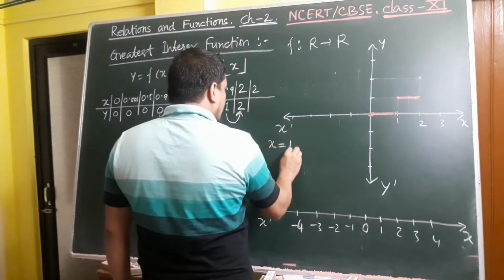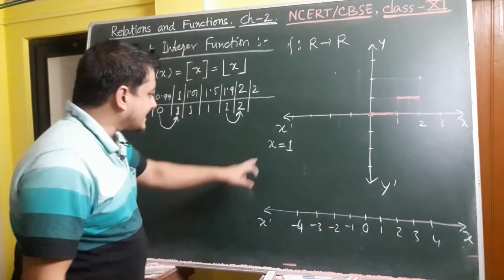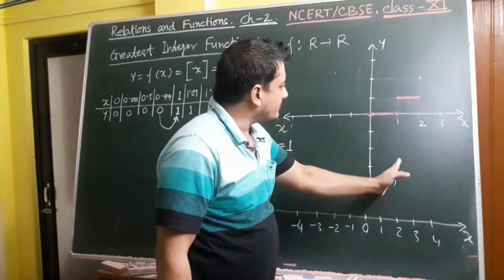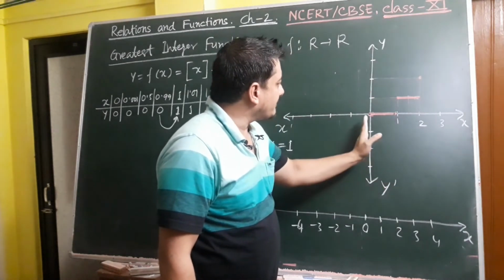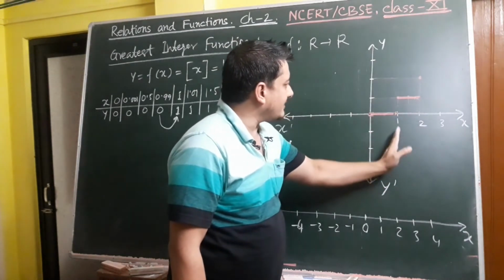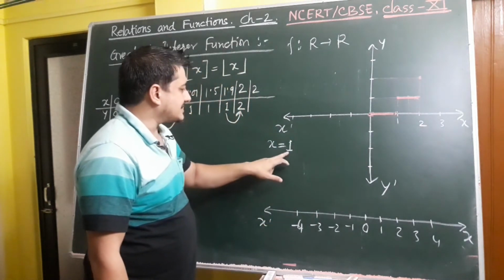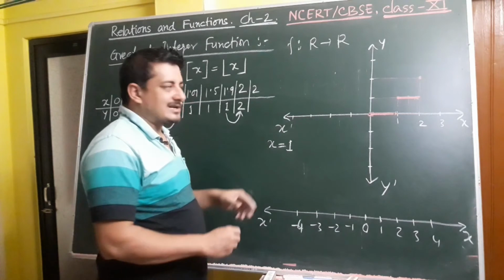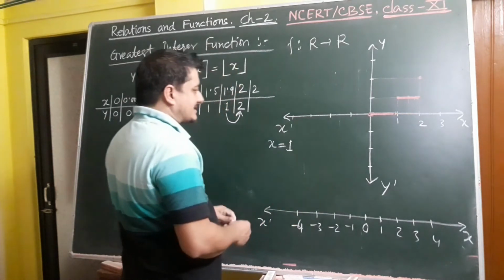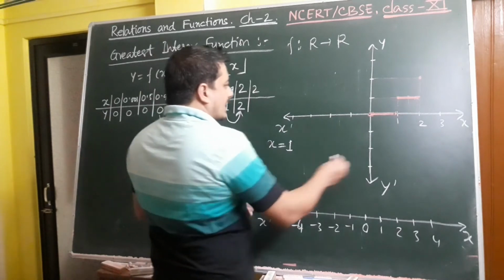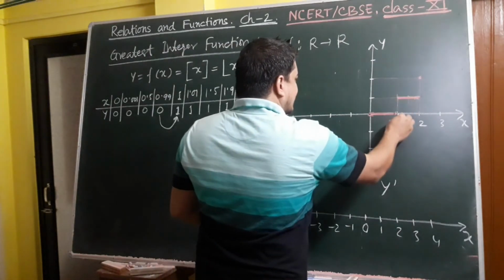If you draw this line, x is equals to 1, this will be a vertical line parallel to the y-axis that will go through x is equals to 1. So this is the equation of a straight line which is parallel to y-axis and which will pass through x is equals to 1.